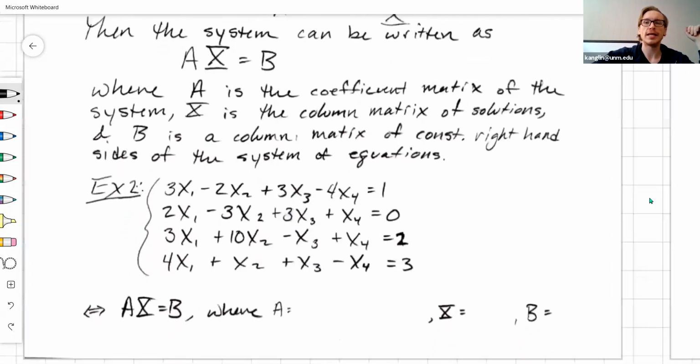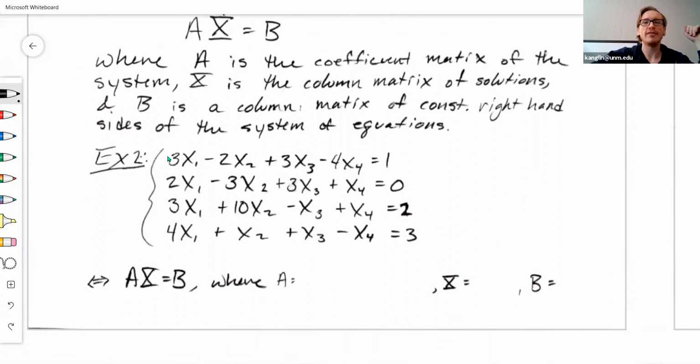Okay, so let's see an example. Say we have this system here, kind of a big thing to take in. Let's write this equivalently as a matrix equation, AX equals B. Let's identify what the A, X, and B would have to equal. So the A, remember, is just the coefficient matrix. Copy that down. Take the coefficients.